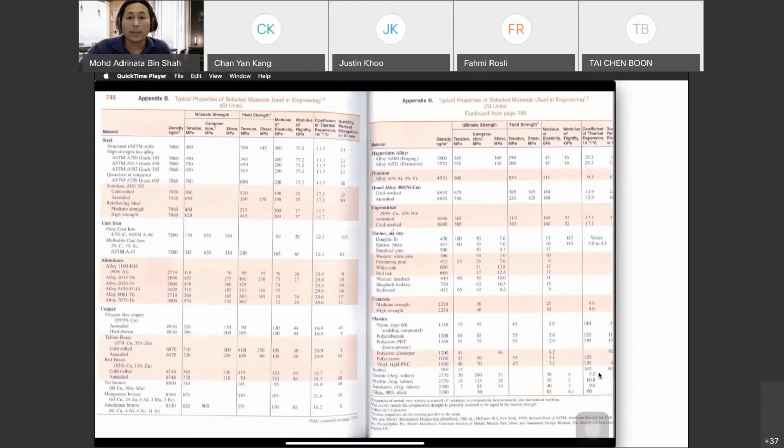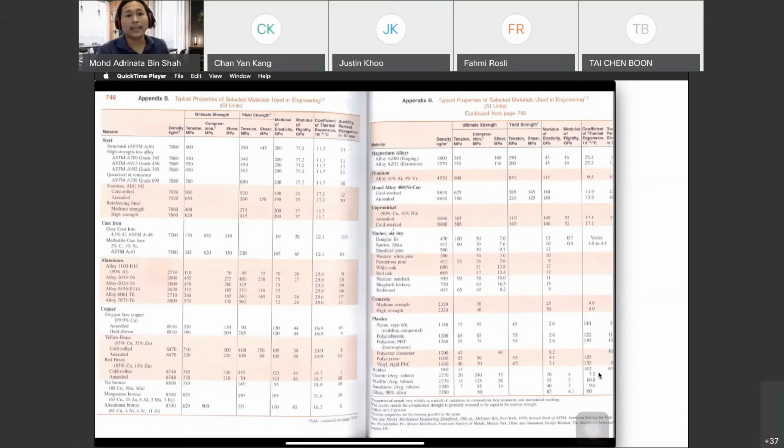So from the figure you can see that, look at the first tab. Material, density, strength, yield strength. For strength we have tension, compression, and shear strength.